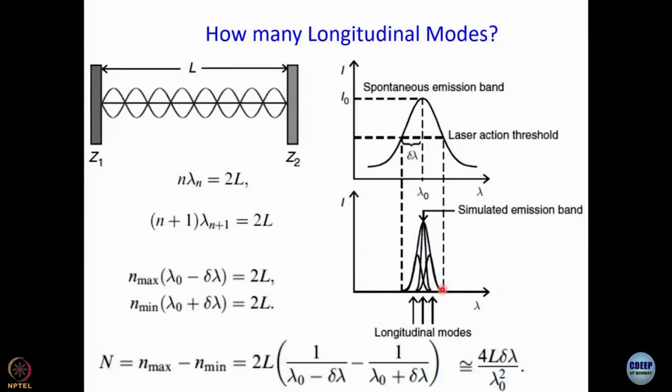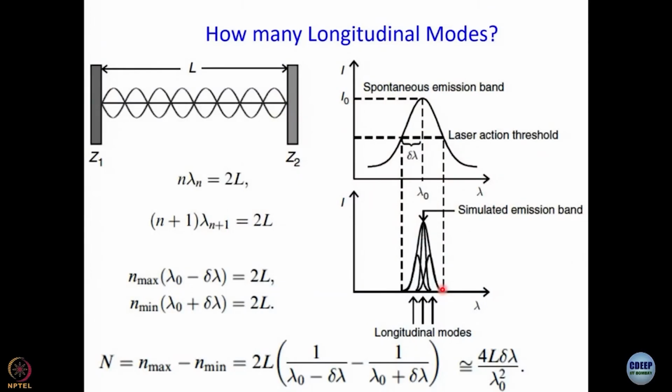Okay? Now, let us work it out for our titanium sapphire laser. Maximum is at 800 nanometer, right? So, lambda 0 is 800 nanometer. L, okay, what is the value of L? Let us take 4 meter.